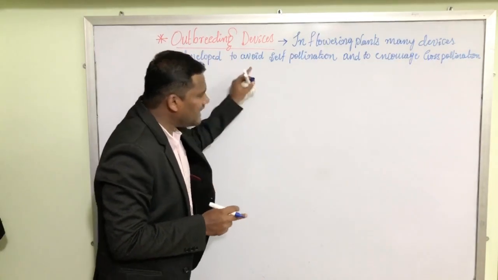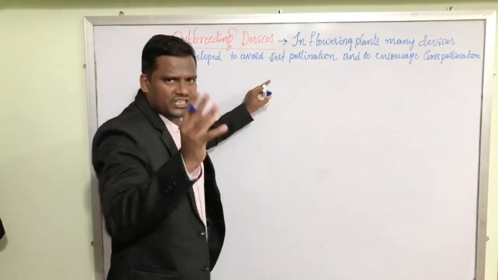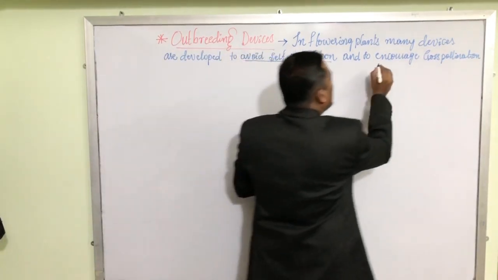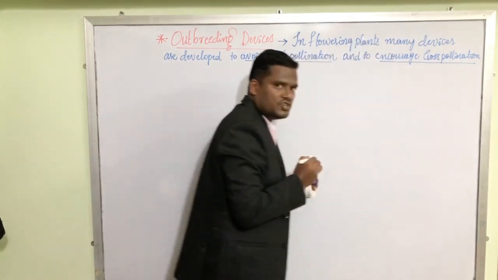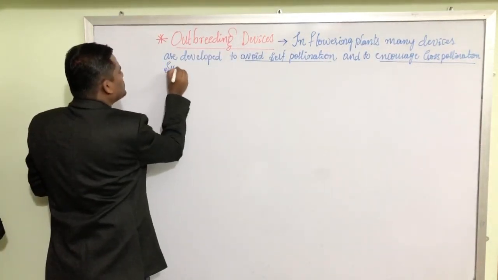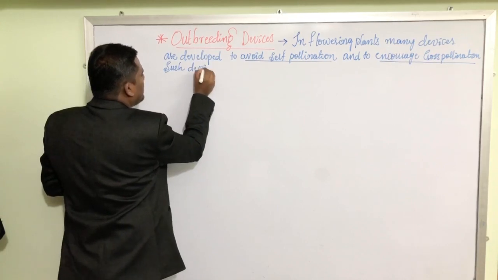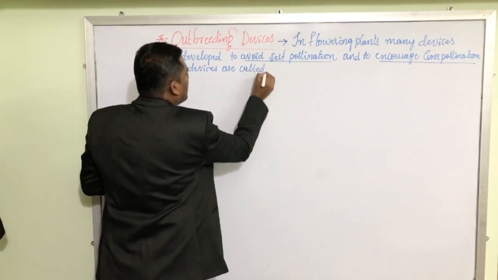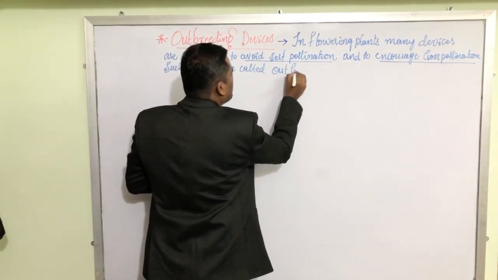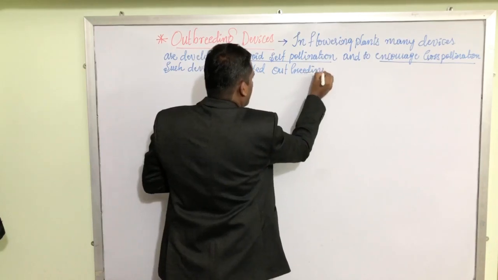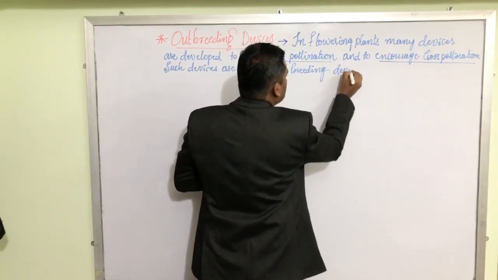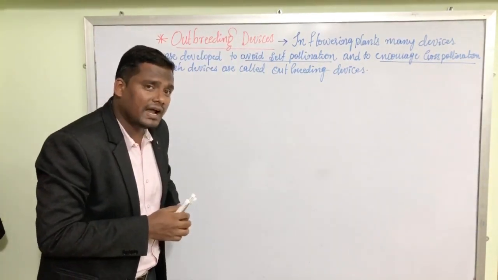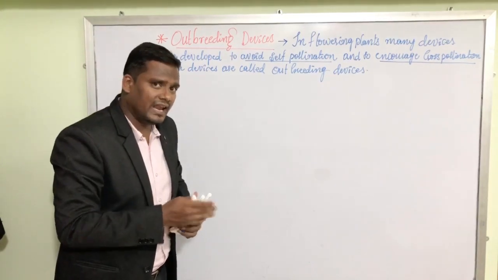These devices, these techniques, are developed by a plant to avoid self-pollination and to facilitate cross-pollination. Such devices are called outbreeding devices. Now let us try to understand the outbreeding devices in detail one by one.